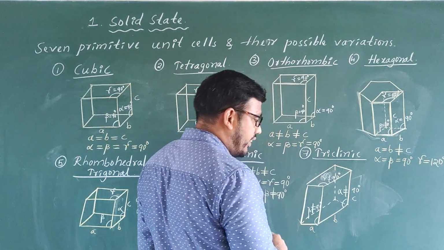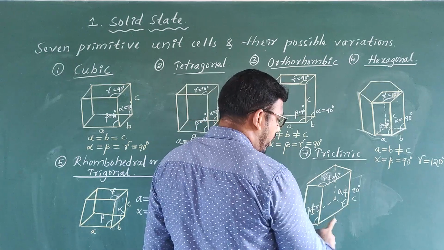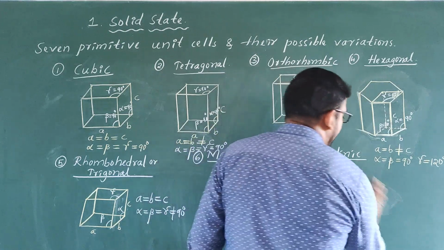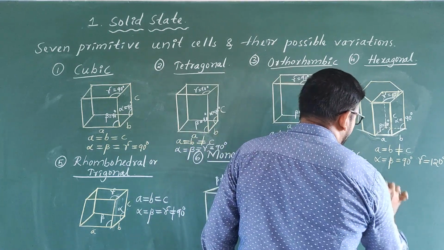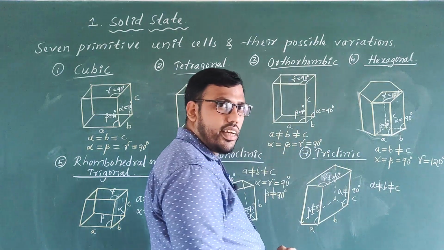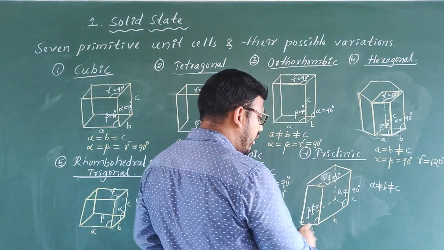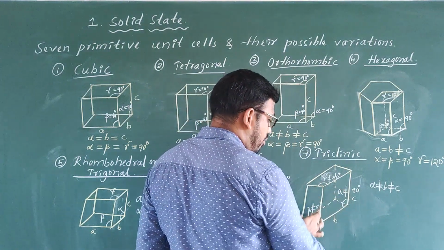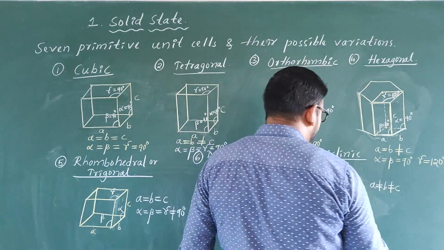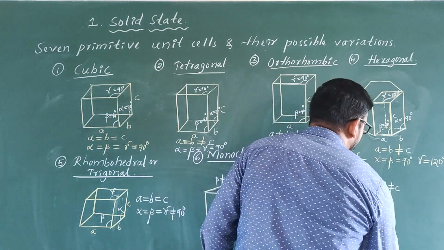Once again you observe here A, B and C. A is smaller, B is larger, C is smaller than B. So hence once again A is not equal to B is not equal to C. That is the arrangement of our edge lengths. But when we come to the angles, alpha, beta, gamma, first of all they are not equal to one another, and also they are not equal to 90 degree.